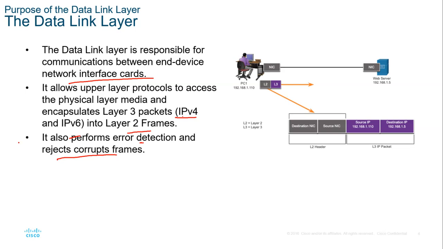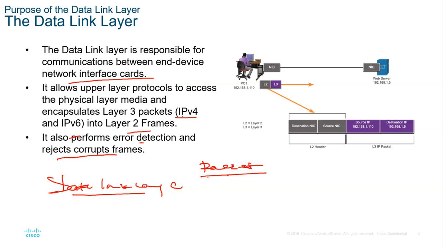So mainly at the data link layer, in the encapsulation process, once the data link layer receives a packet as a PDU, protocol data unit, it adds what we call the data link layer header and then a trailer.